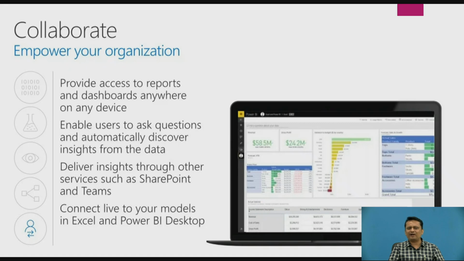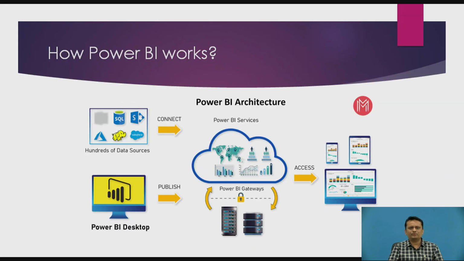That is part of collaboration, where you can enable the users to ask for data insights, and then automatically, based on the rights available to you, you can get the insights in terms of visualizations. So this provides you the facility of a live connection to your Power BI models via Excel and the Power BI desktop also.